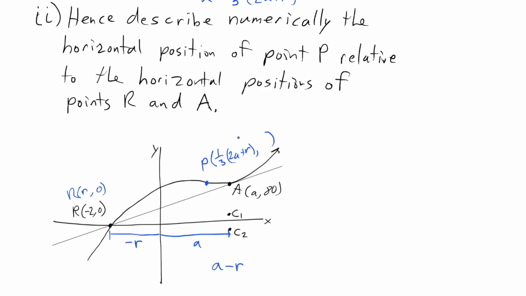Now let's look at this distance here, the distance of this point. Well, it's from point R, it's -r plus 1/3 (2a plus r).